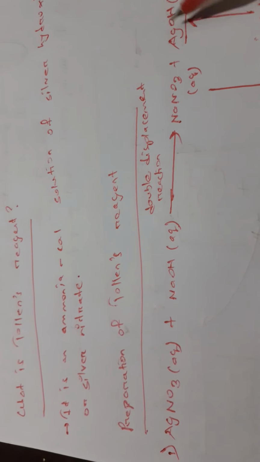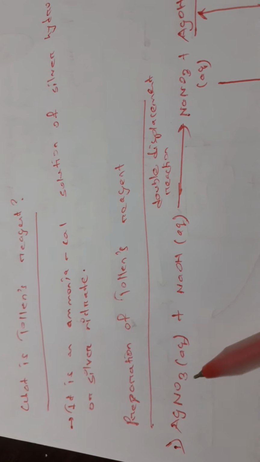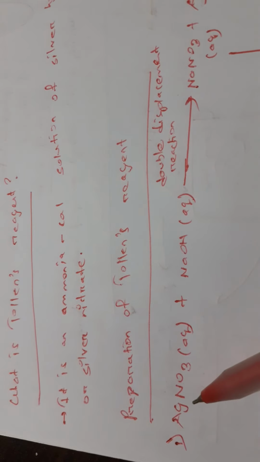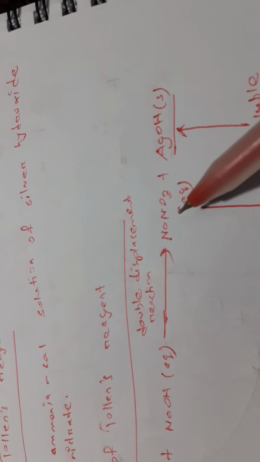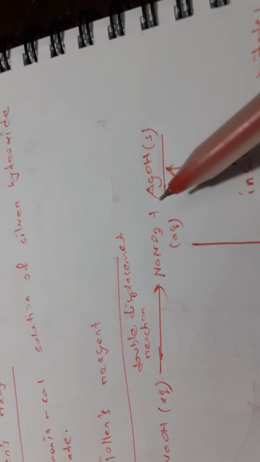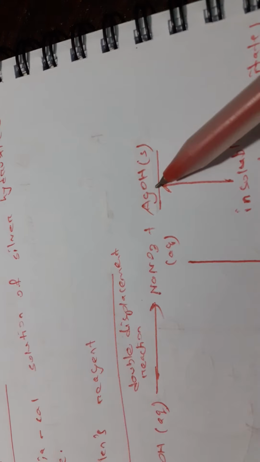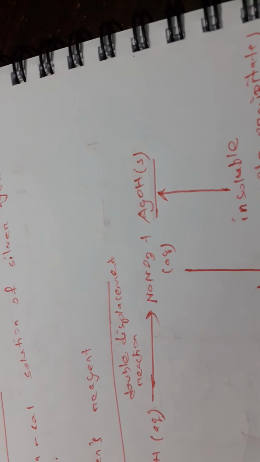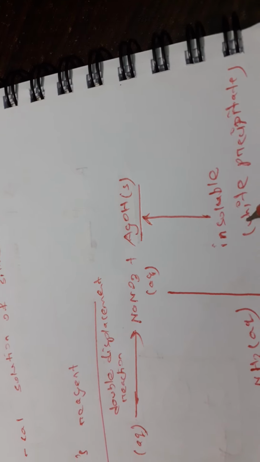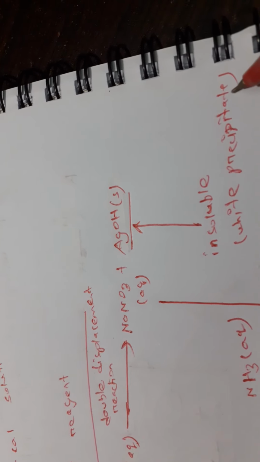This is because sodium is more reactive than silver, or higher up in the reactivity series than silver, therefore it can displace silver. Now, sodium nitrate is soluble, so it will form an aqueous colorless solution. But silver hydroxide is insoluble, so it will be seen in a solid form in the reaction mixture, and therefore it will be seen as a white precipitate.